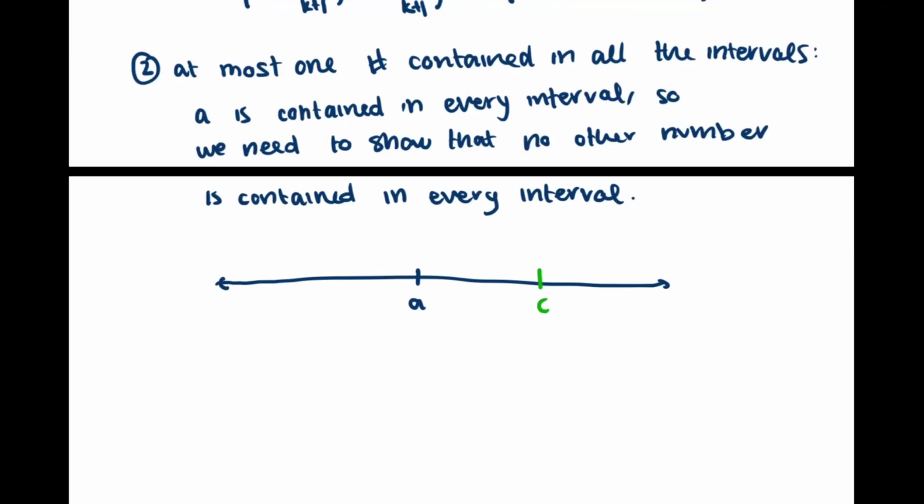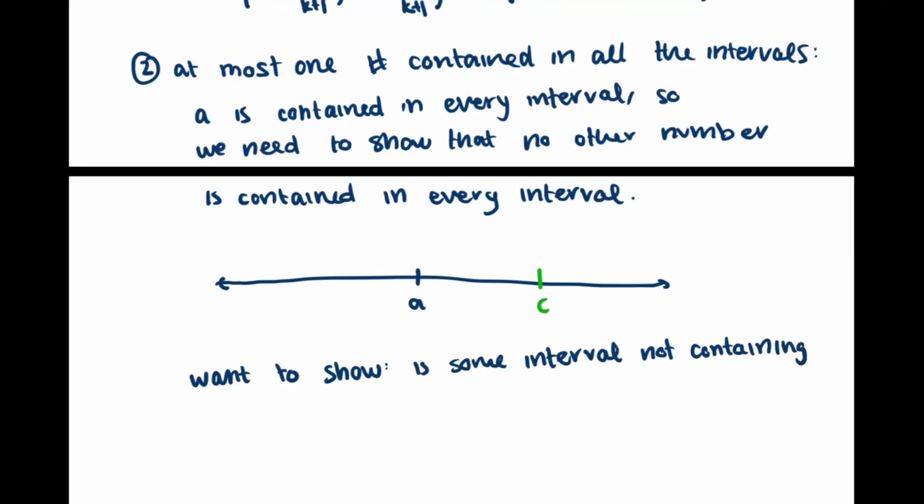Sounds like some kind of parable when I'm saying it out loud. So here, I'll write it down. I want to show that there is some interval not containing C. If I produce this interval, then that shows that C is not contained in all of the intervals, because we have an example of one that does not contain C.